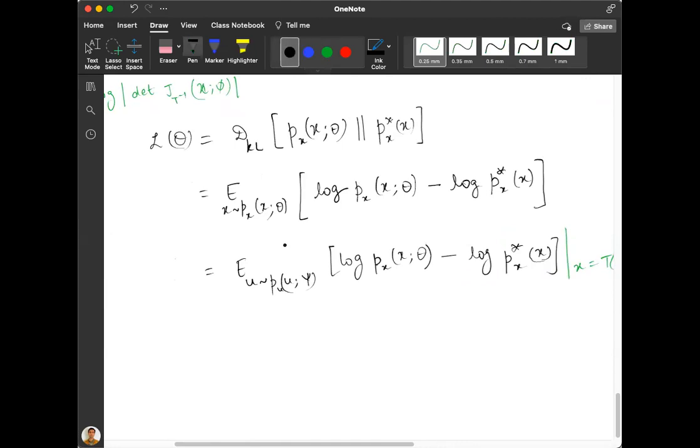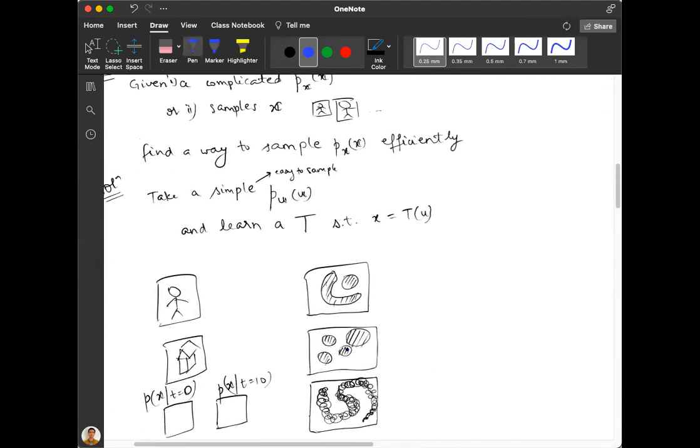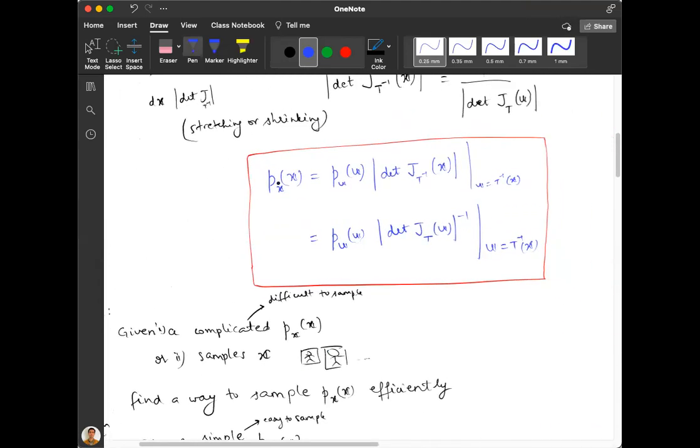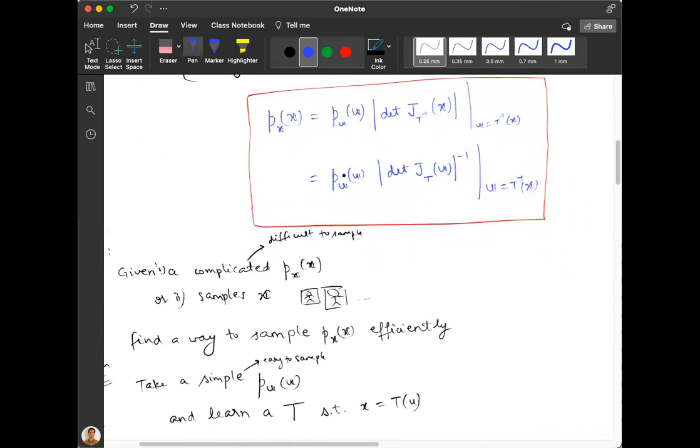So let me write it in a more simplified way. What is this term? We have computed it above in our original formula. P of x is P of u times the determinant of the Jacobian of T inverse at x, where basically U is T inverse of x.